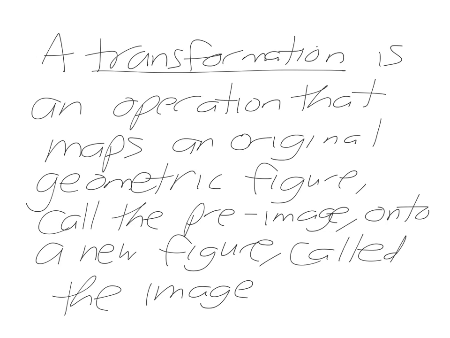So a transformation is an operation that maps an original geometric figure, which we're calling the preimage, onto a new figure called the image. So why don't you, Mrs. DeMick, tell us what is the first transformation that we are going to be talking about?